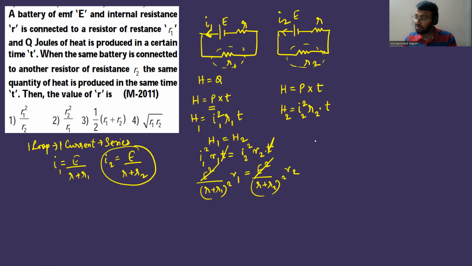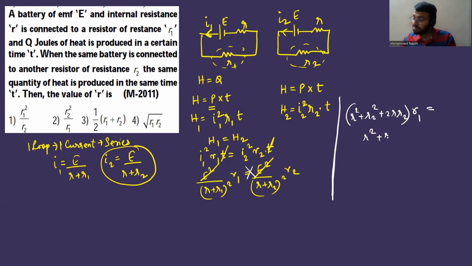So let me simplify further here. Cross multiply. What will you get? (a plus b) whole square, first you expand: a square plus b square plus 2ab. So (r plus R1) the whole square into R2 equals (r plus R2) the whole square into R1. Try to multiply inside.